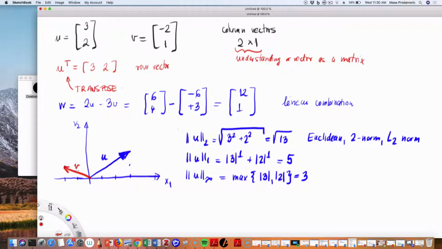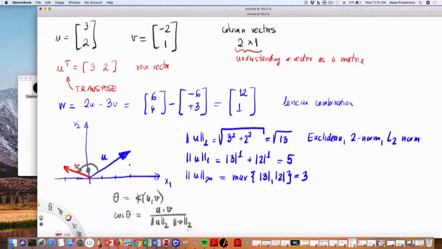And essentially, I have an angle between them, and I'm going to call it theta. There's actually a formula for it. If theta is my angle between u and v, to use math notation, cosine theta is, and I'm going to introduce in a moment a scalar product, u dot v, divided by the 2 norm of u and the 2 norm of v.